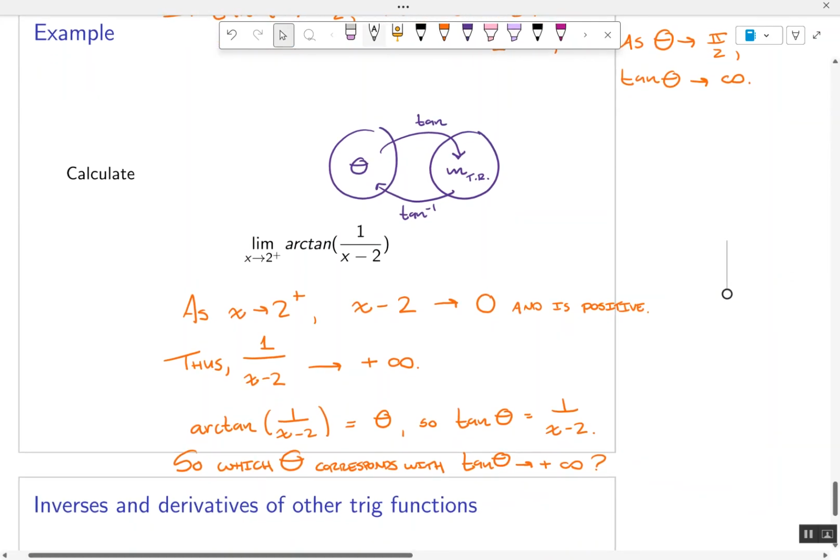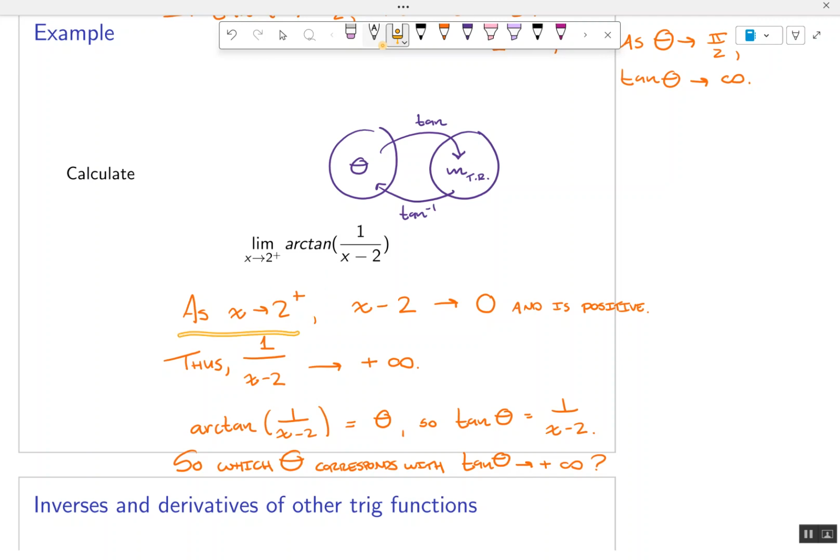So with these problems, we can take it layer by layer. Let's think just about x minus 2. As x approaches 2 from the right, that means from values that are bigger than 2, we can think about 3, then 2.5, then 2.4, then 2.3, then 2 point blah, blah, blah, right? Getting closer and closer to 2 from above.